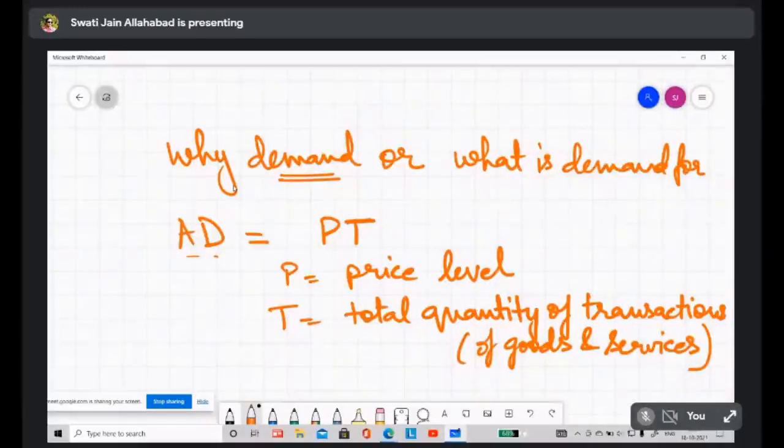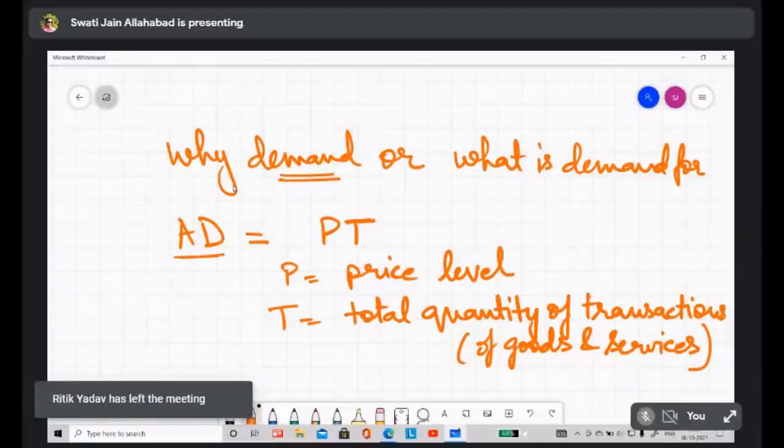And this is only in terms of monetary variable. Why? Because it is just the reflection of use of money for transaction purposes only. Your aggregate demand component is explained as demand for goods and services only, which is for the consumption purpose.